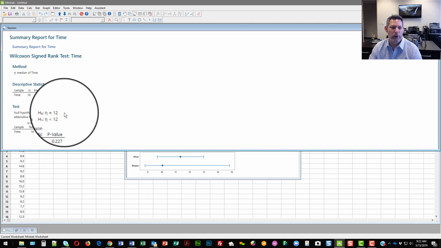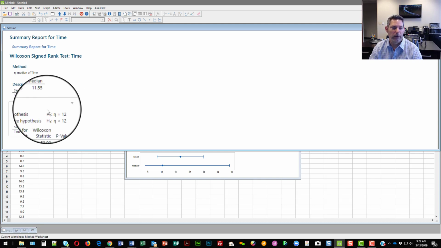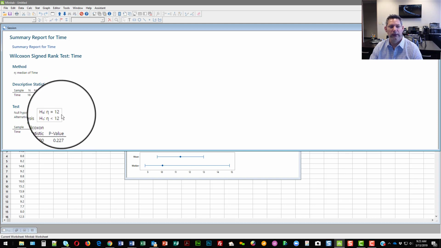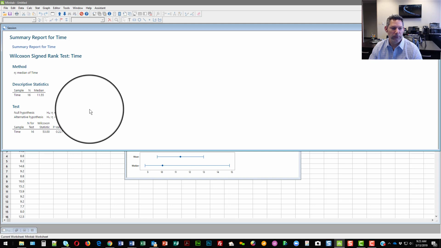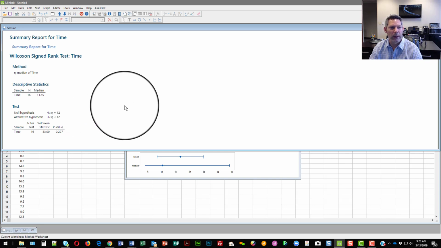So greater than 0.05, we fail to reject the null, and therefore we must conclude that the null hypothesis is the accurate statement. In this case, the pharmaceutical company's median reaction time is 12 minutes, and they cannot state that it's less than 12 minutes based on this sample data set. One sample Wilcoxon. Thank you.